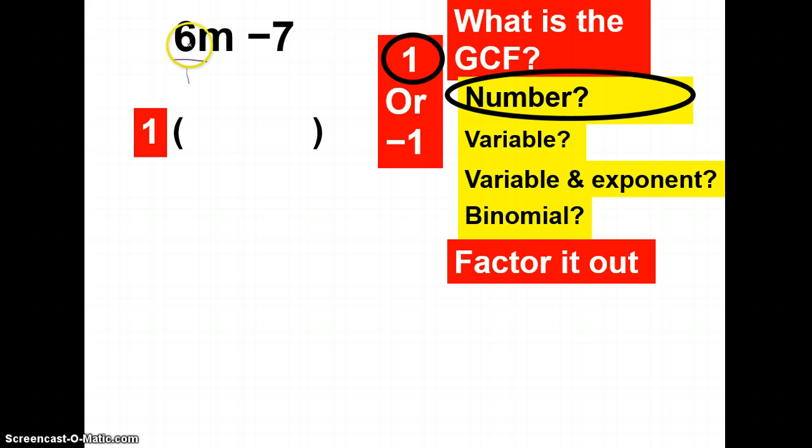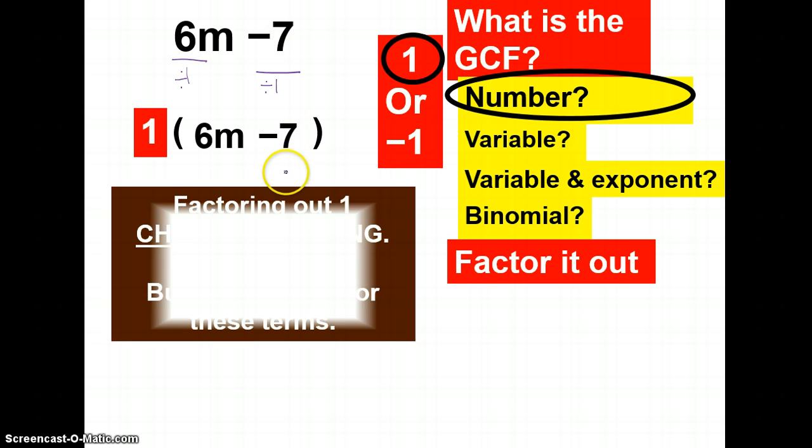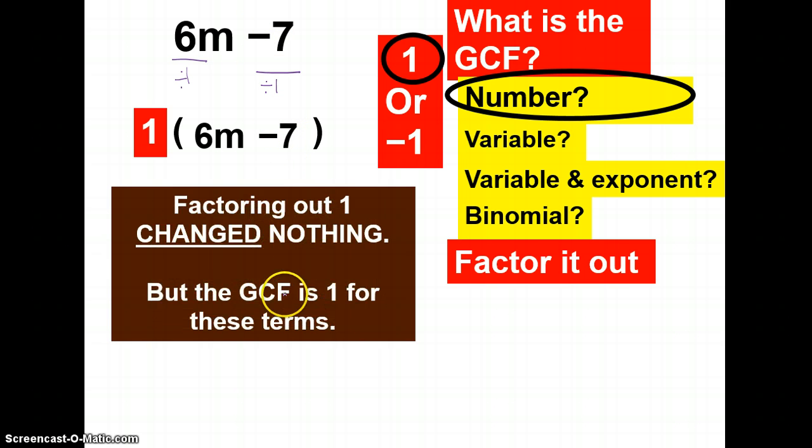Now 1 goes into 6 how many times? 6 times. And 1 goes into negative 7? Negative 7 times. Now notice nothing really changed, but the GCF is 1. All right, we're going to wrap this up here.